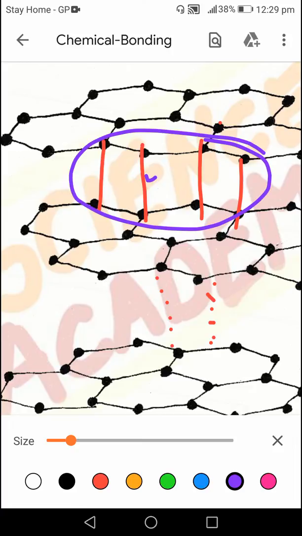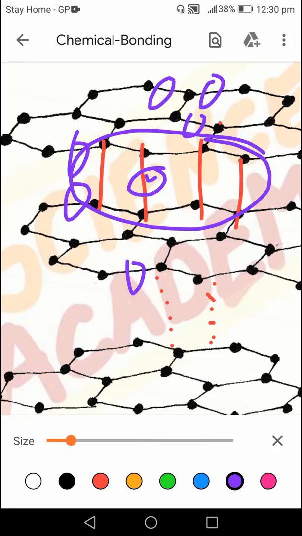Instead, diamond is very hard, and it has also got a very high melting point because, again, just like graphite, the covalent bonds are very strong. So that needs a lot of energy to break the covalent bonds, for which diamond also has a very high melting point.